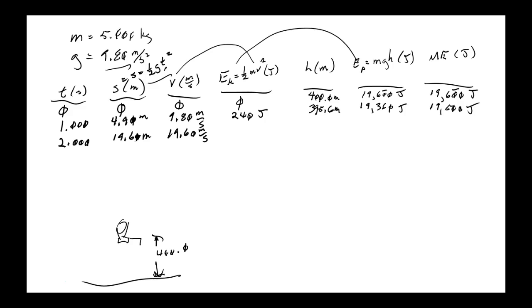Now you take that, plug it into your kinetic energy. 1/2 the mass, 1/2 of 5 is 2.5, times 19.6 squared. That gives 960. Perfect.